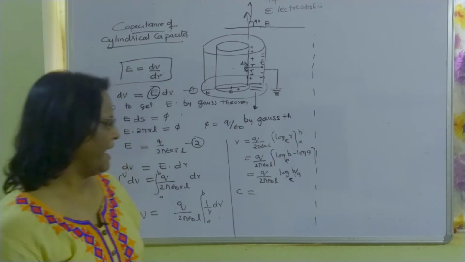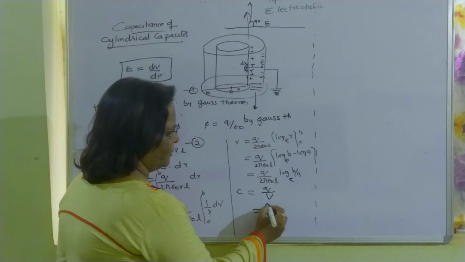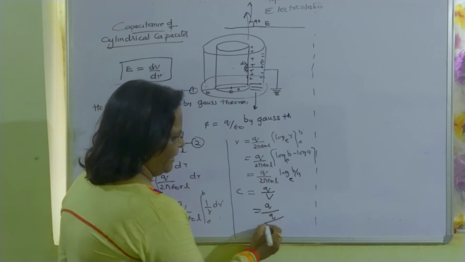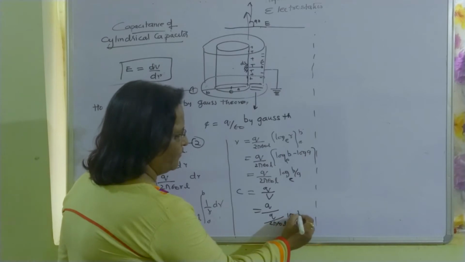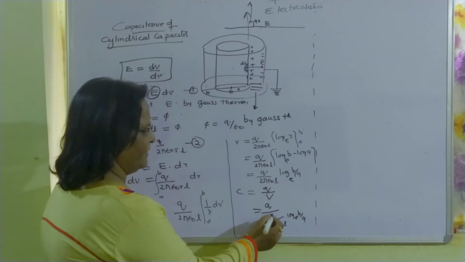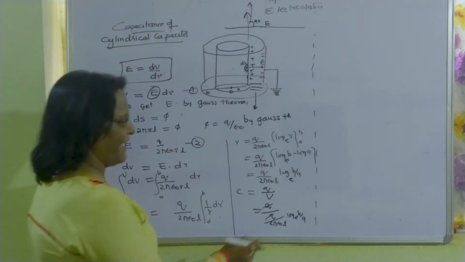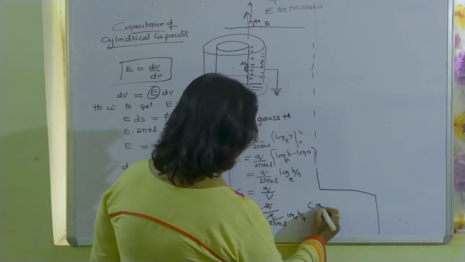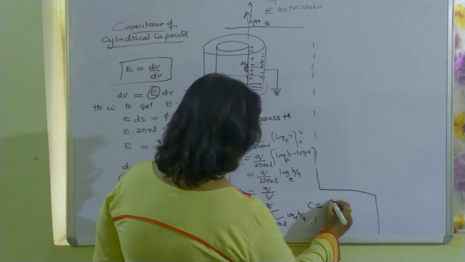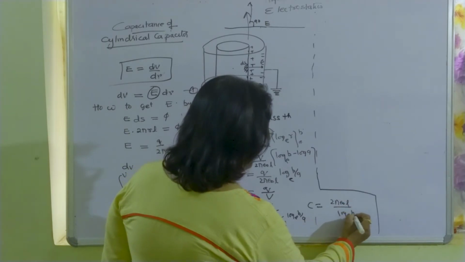Now capacitance C equals q upon V, so q upon q by 2 pi epsilon 0 L log e b upon a. The q and q get cancelled, and we get the formula C equals 2 pi epsilon 0 L upon log e b by a.